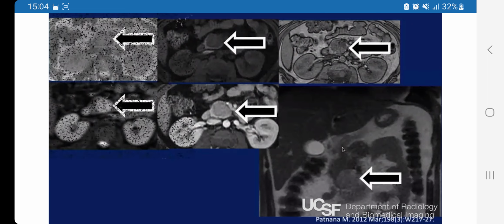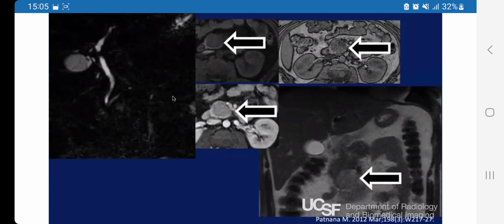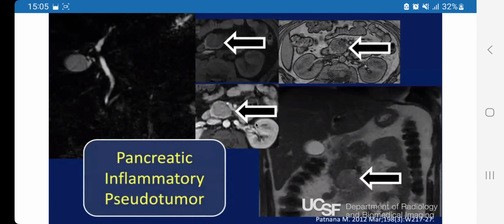There was also no significant upstream ductal dilatation. This was a pancreatic inflammatory pseudotumor. These are benign entities, very rare. They happen anywhere in the body. Unfortunately, the imaging characteristics are very nonspecific, and based on imaging, it's really hard. This patient definitely needs some type of biopsy or tissue sampling.